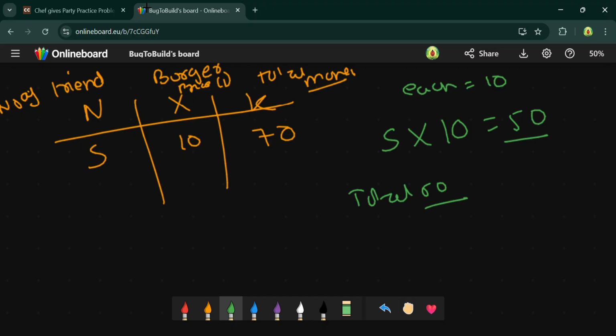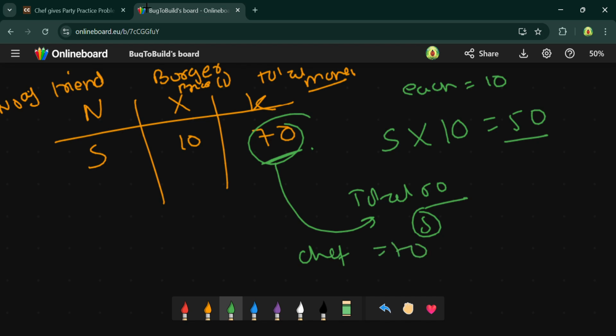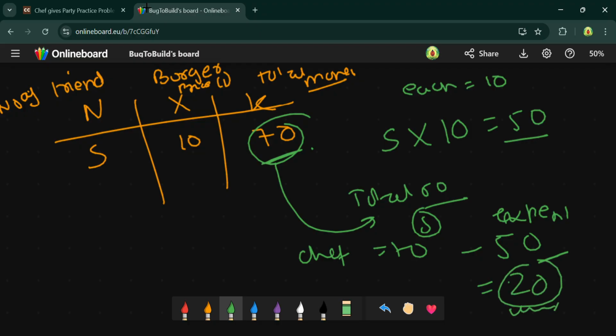You just have to determine whether he would be able to buy 5 burgers or not. Of course he can, because Chef has 70 rupees and the total expenditure is 50, so 20 rupees will be remaining.